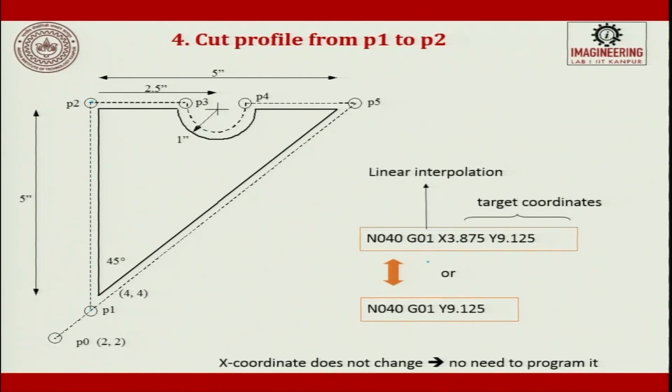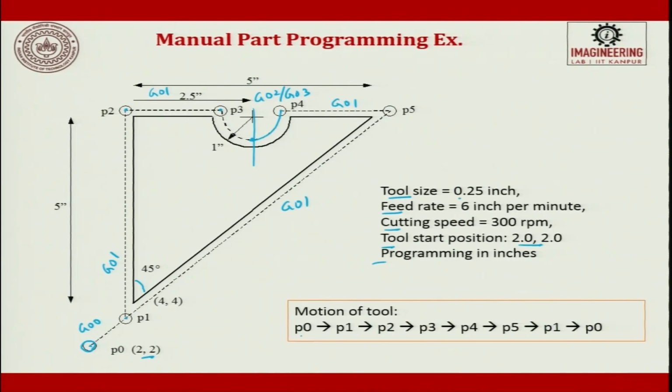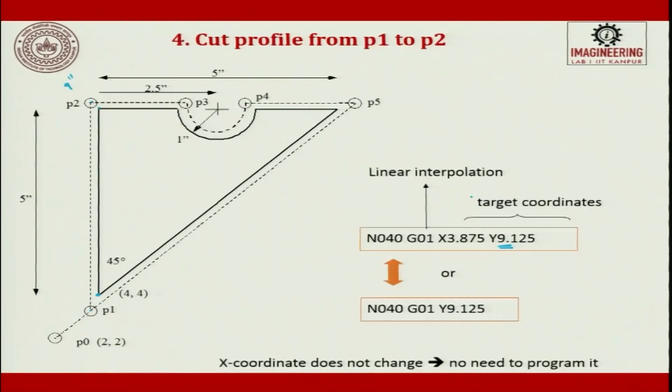Because this is 4 and this is 5, this is 9 inches. So, I will go to X 3.875, up to the P2 destination, which is 9.125. Why is this .125? Because we have said the diameter of the cutter is 0.25 inches, so half of it.